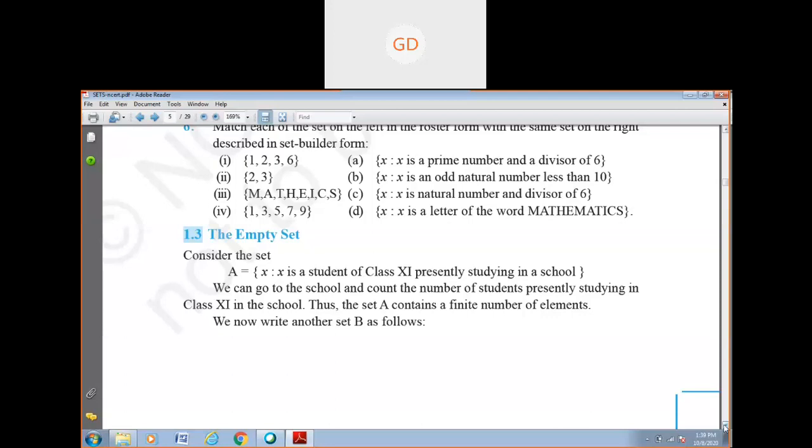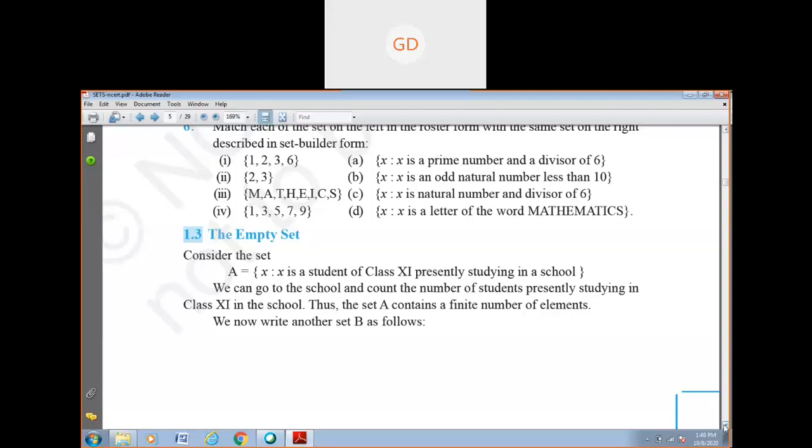Some types are there. There are some types of sets which are classified based on the number of elements, and the first type is the empty set. It is sometimes known as void set, and sometimes known as null set.